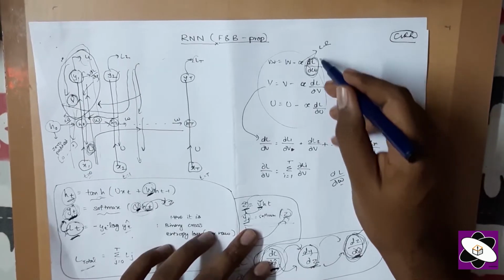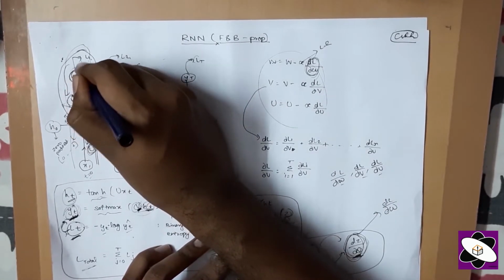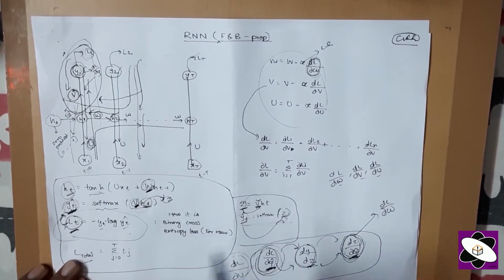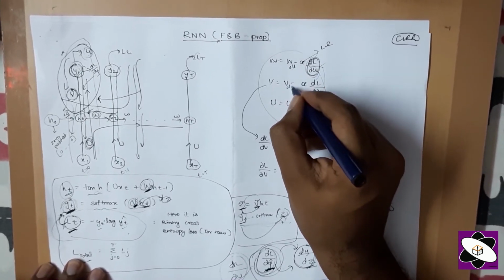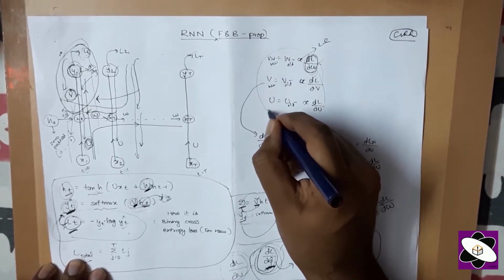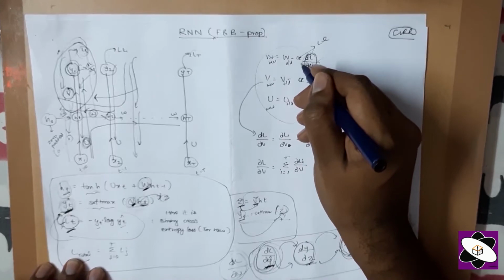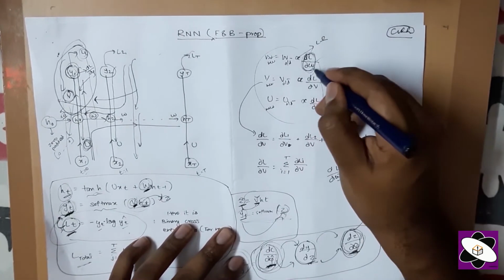If we can get these gradients with respect to loss, because loss is calculated from the output, which has this equation, we can just substitute over here. This is the old value, and this is the new value. So we can update the new value based on the old value minus learning rate times the loss with respect to W.